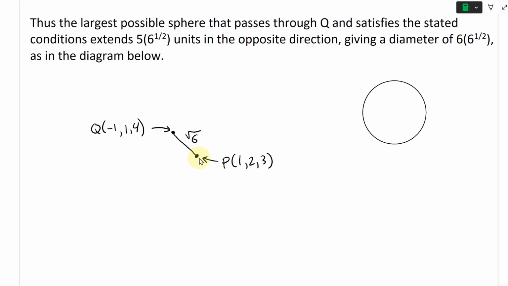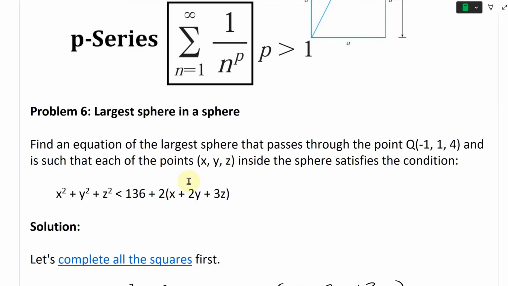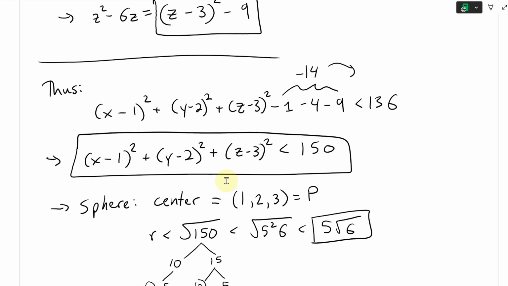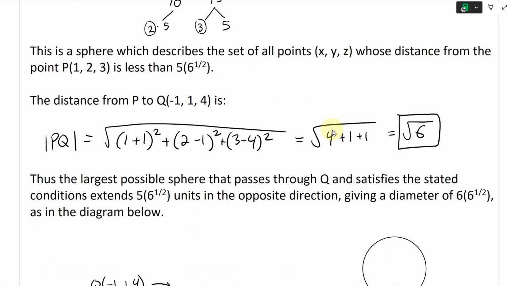So if this is the point P, and this is distance square root 6 from Q, we have the condition that every point inside the sphere has to satisfy this condition. In other words, it has to be less than a sphere of radius 5 times square root 6.